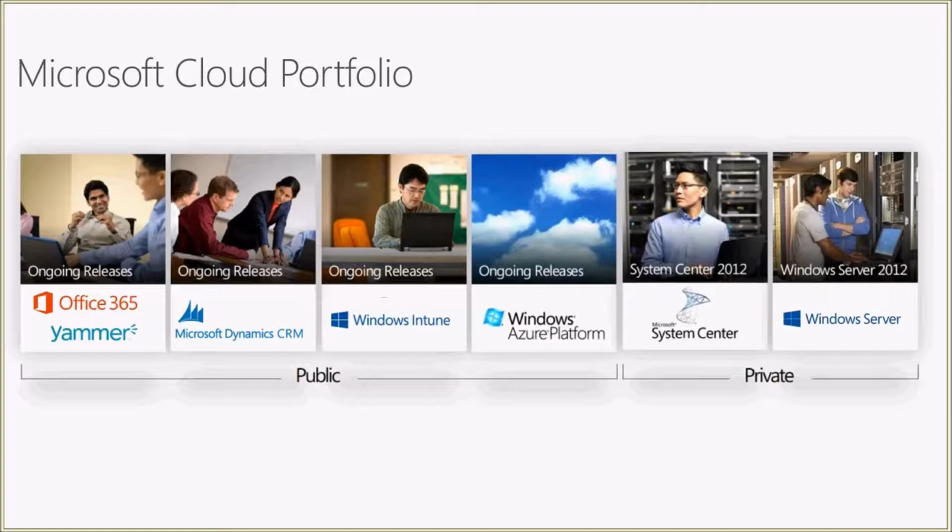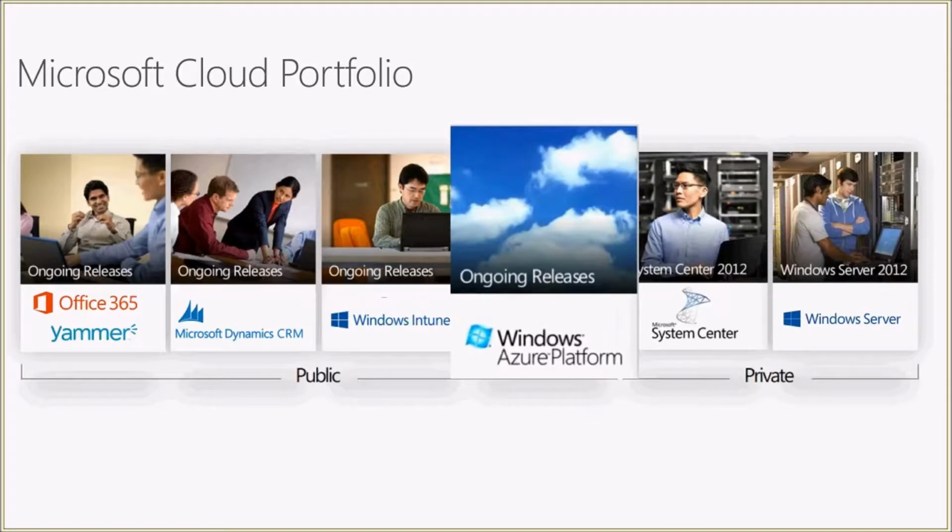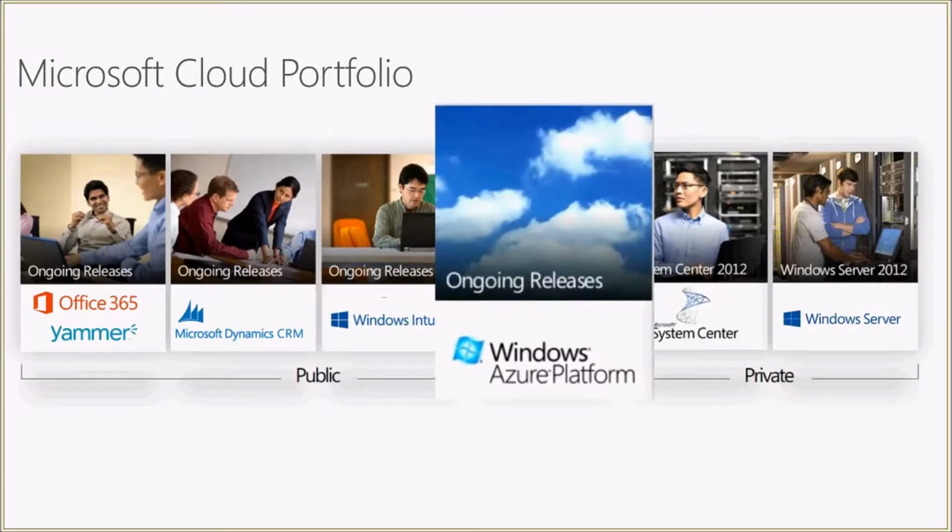And then on the private cloud side, we've got Windows Server 2012 and System Center. System Center can act as that glue between a private cloud and the public cloud. And we'll be focusing on Windows Azure.